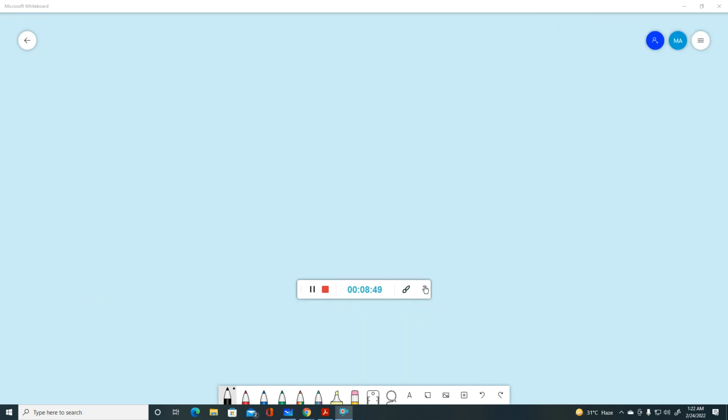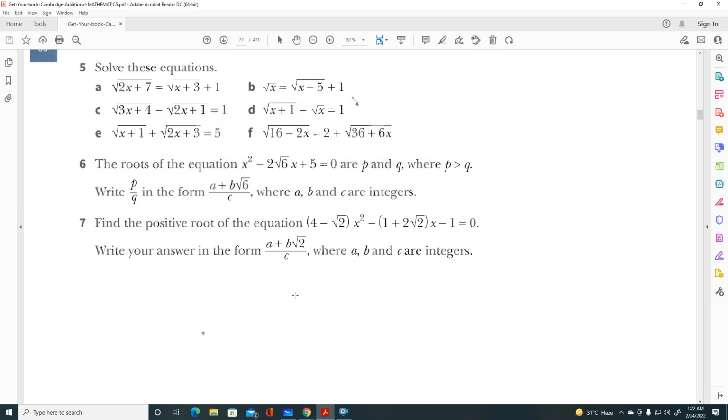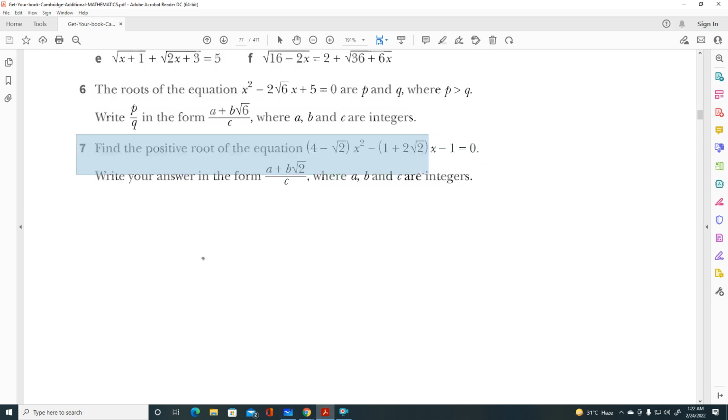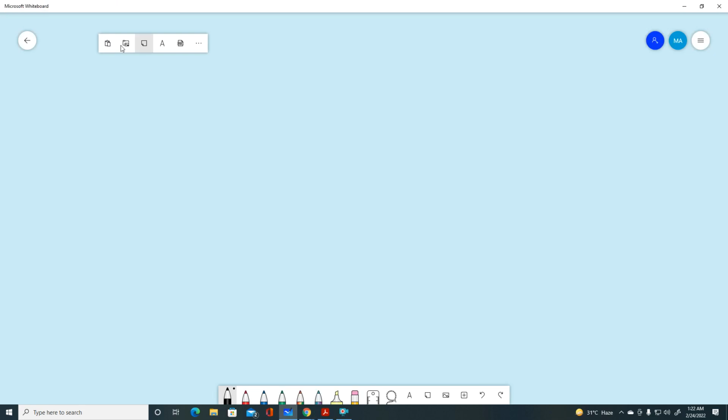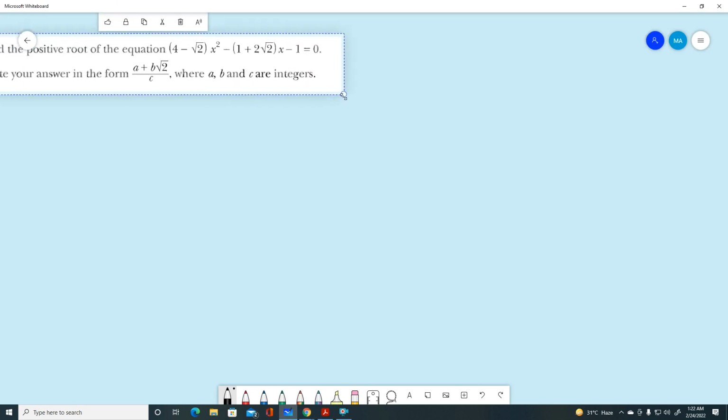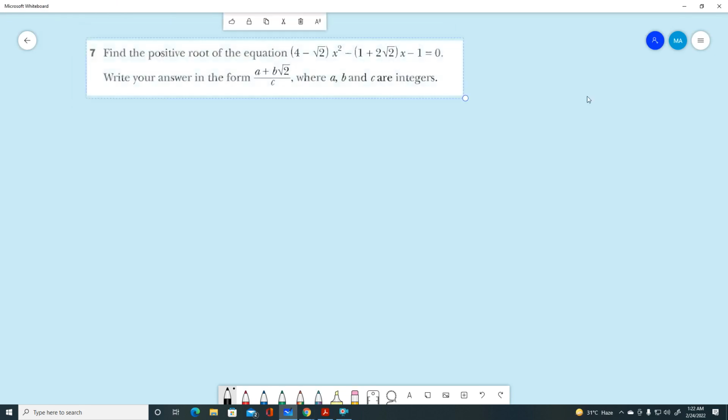Question number 7 is: find the positive root of the equation (4 minus root 2) x square minus (1 plus 2 root 2) x minus 1 is equals to 0.